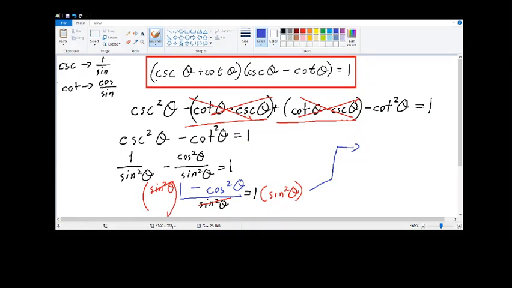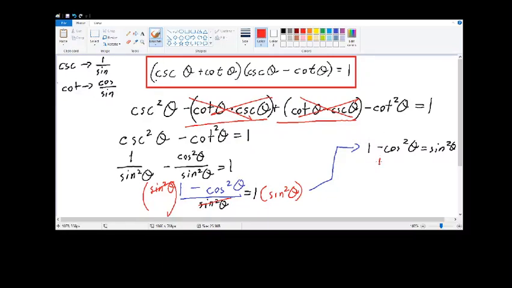So now we are left with the equation 1 minus cosine squared theta, which is equal to sine squared theta, which is very reminiscent of exactly what we were looking at in the previous question, such that this is just the Pythagorean identity in a different form.